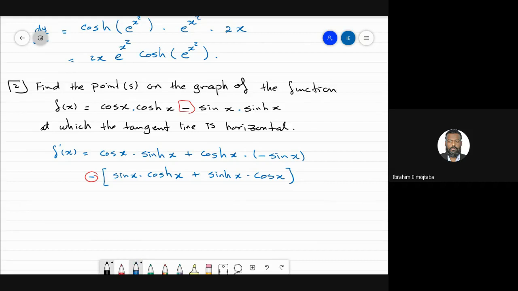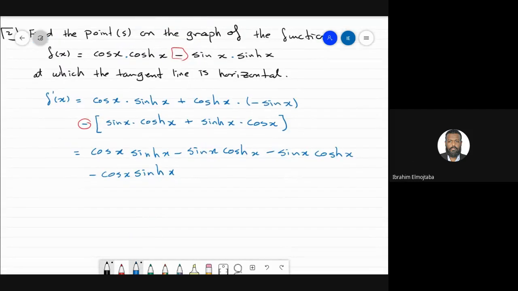Now I will just write it in a better way, starting with the trigonometric function first. So it will be cosine x hyperbolic sine x, but then with a negative sign minus sine x hyperbolic cosine x, and then minus sine x hyperbolic cosine x, and lastly minus cosine x hyperbolic sine x.